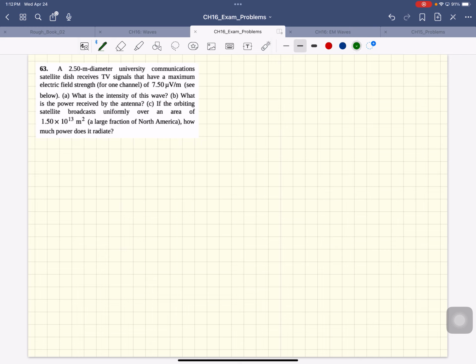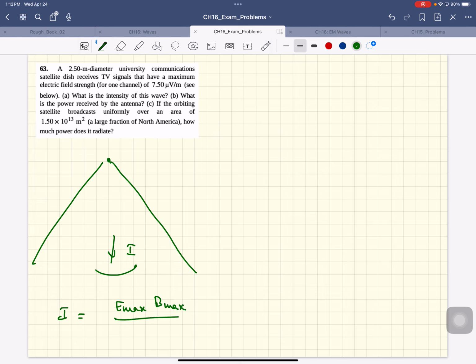Okay, so what you have is a satellite emitting a beam, and the intensity at this dish is such that the maximum electric field strength is that. Now the intensity in terms of E max, B max, is E max B max by 2 mu naught.